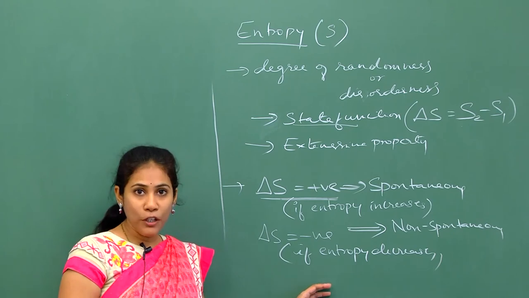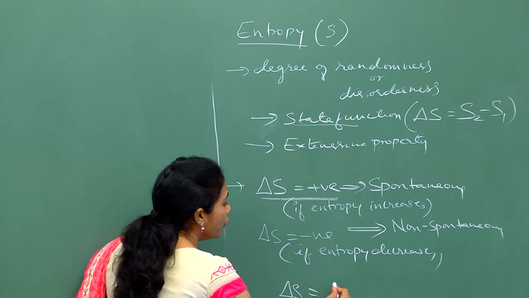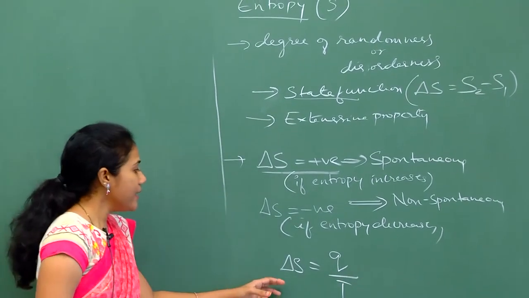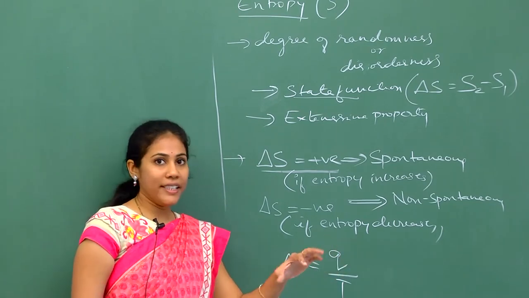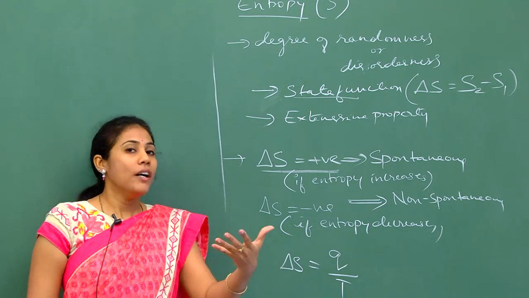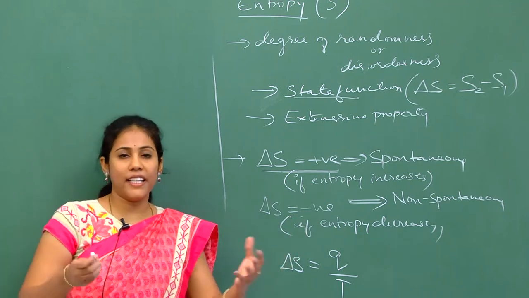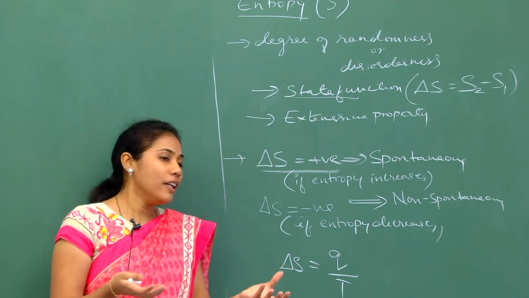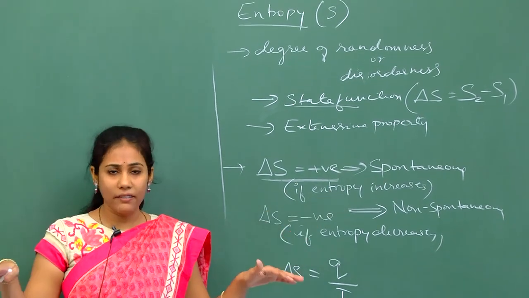Actually, there is a formula for entropy, that is delta S is equal to Q divided by T. Entropy is directly proportional to the heat of a system. With more heat in a system, definitely more disorderness. If you take a gaseous system and heat it, supplying some amount of heat, automatically the gas would move more disorderly, yes or no?